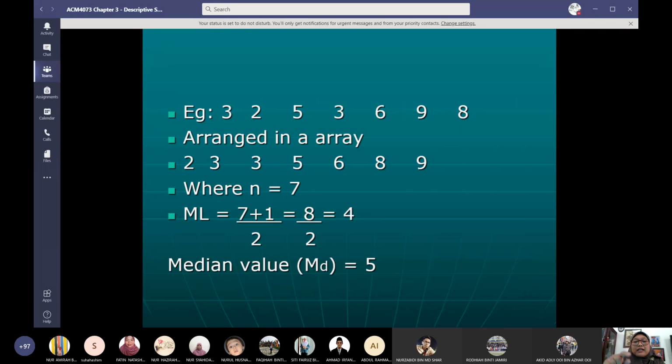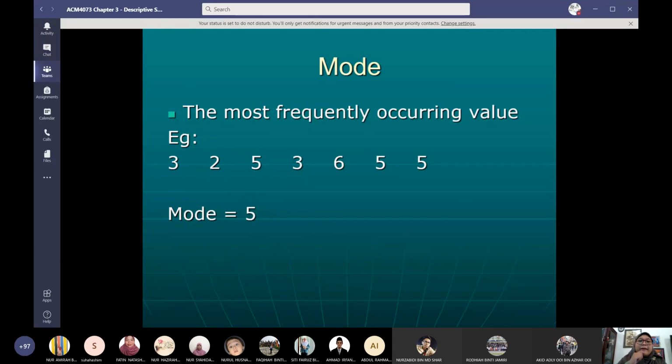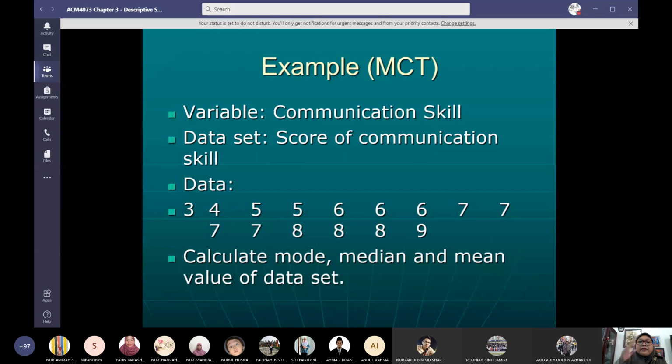So 5 is the fourth of the array. So 5 is the median value. But you must rearrange your data. We start with the smallest till the highest.